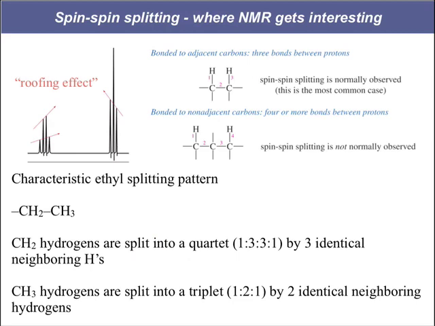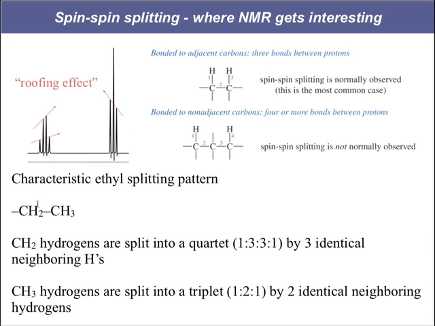A couple other features about NMR involving spin-spin splitting is that peaks that are related to one another often lean into one another. We call this the roofing effect. What I'm showing you here, this triplet quartet combo, is a characteristic ethyl splitting pattern.